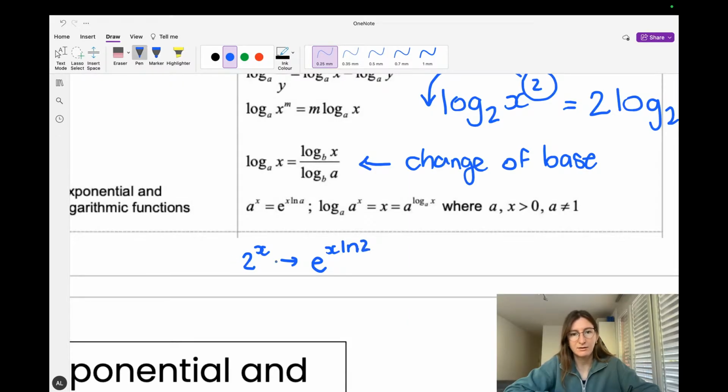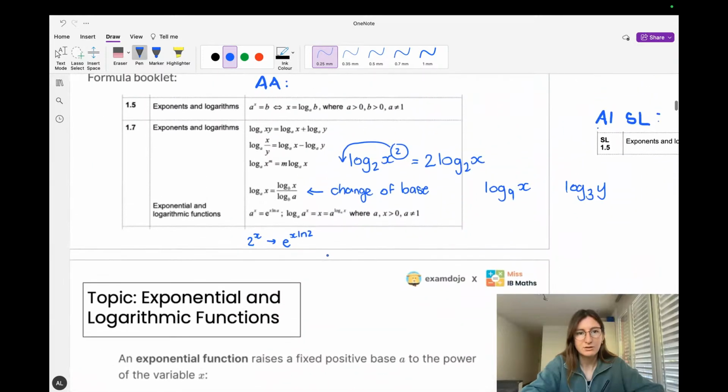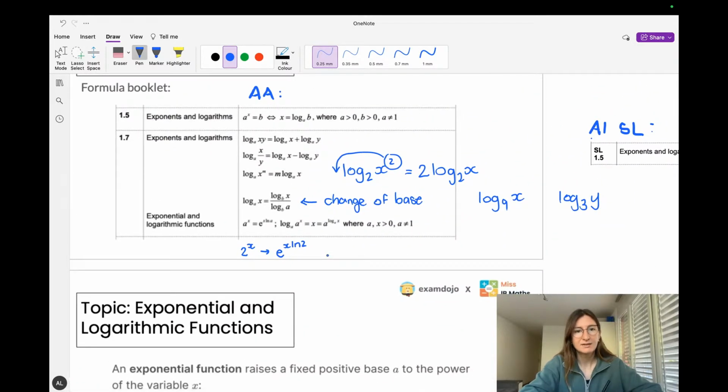That base there, I can just put with a natural log 2. And then having that, I can change any function into a power of e function, which is very useful. Again, that's just for AASL and these log laws for AIHL. And AISL just need to be able to change between logs and exponents.